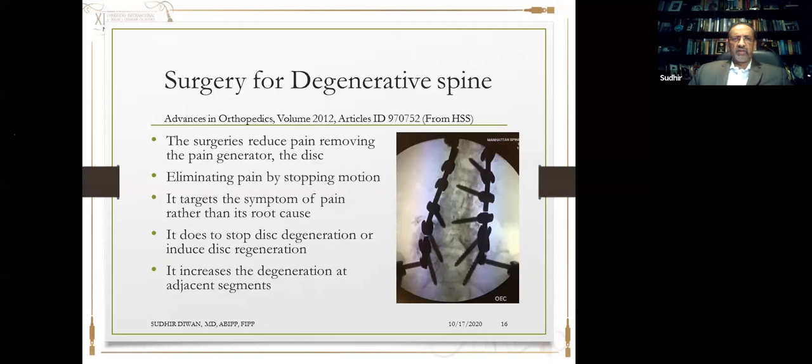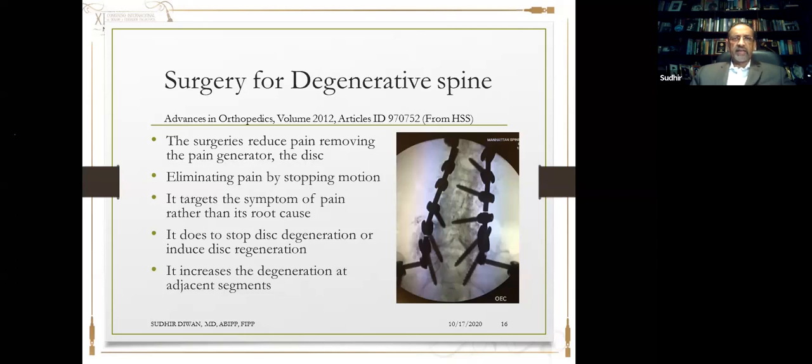If you have a neuro deficit, it might decompress it, and if you have pain because of instability, it can stabilize it. But the degeneration is not addressed. In fact, it causes more degeneration. We call it adjacent level disease, and that's something we must understand: all the treatments we are offering are not addressing the root cause, just providing symptomatic relief.